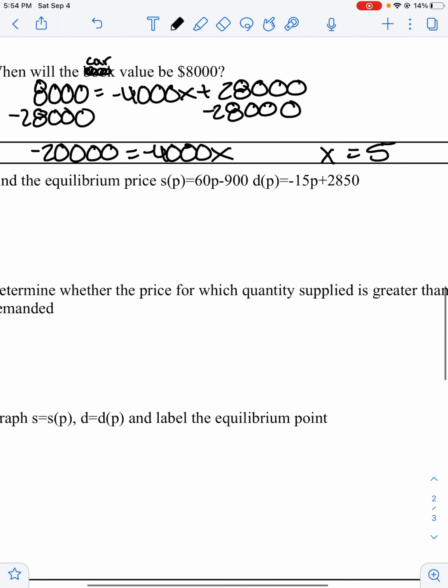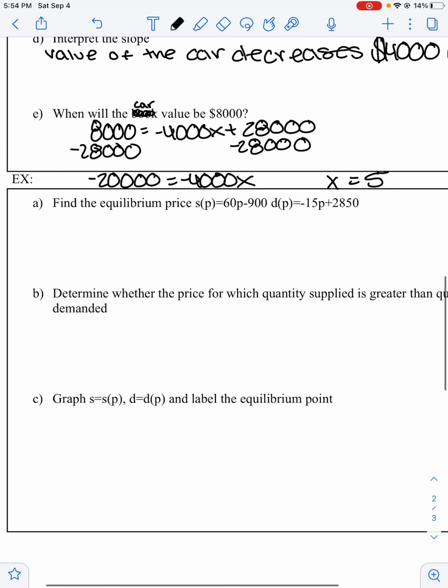Next one we're going to talk about is supply and demand. So our first is to find the equal price between the supply and the demand. To find the equal price, this is when the equations equal each other.